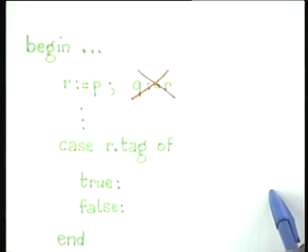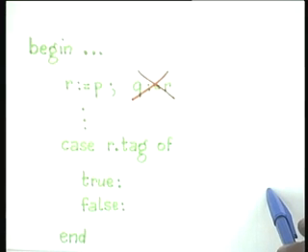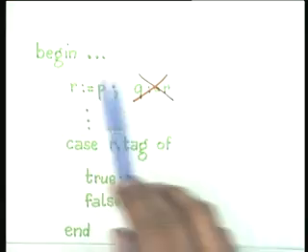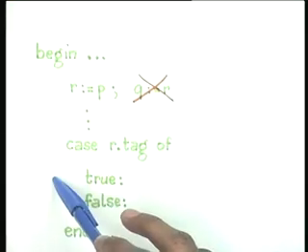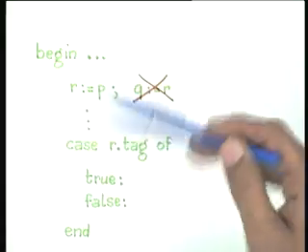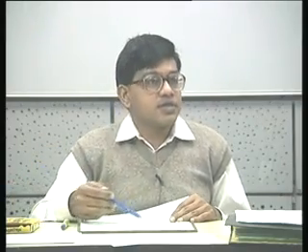Based on the tag value you could do appropriate assignments. So, if this portion were inside a loop, then occasionally, depending on the value of the variables that you are using, r might be either of the type integer or it might be of the type character, and you could do a case analysis, but you could never make such an assignment.